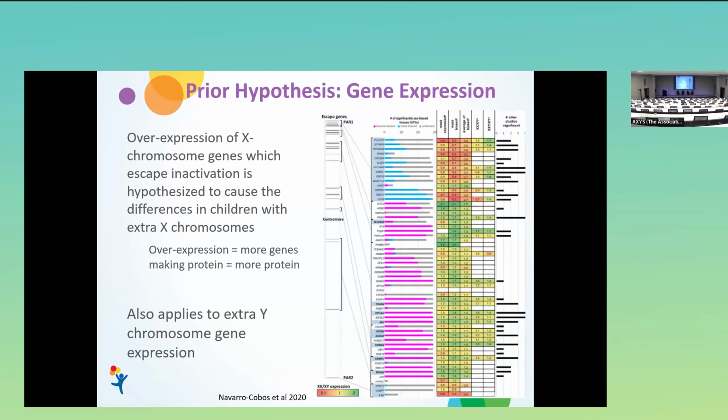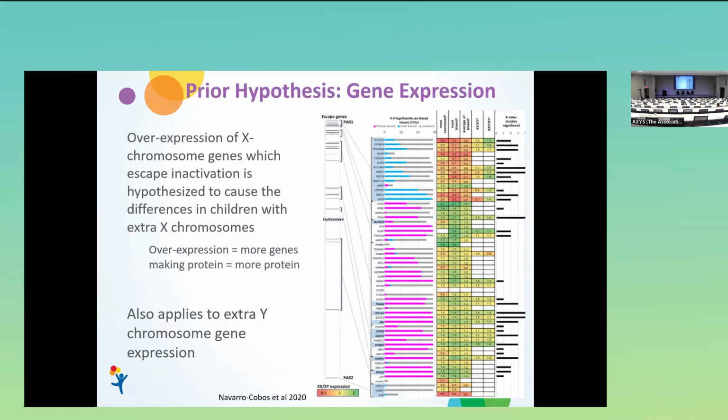So when we're talking about X chromosome genes that escape X inactivation, you can see from this picture, which again, you're not really supposed to be able to read, it's highlighting all the areas of the X chromosome, the 12 to 15% of the X chromosome that can escape X inactivation.